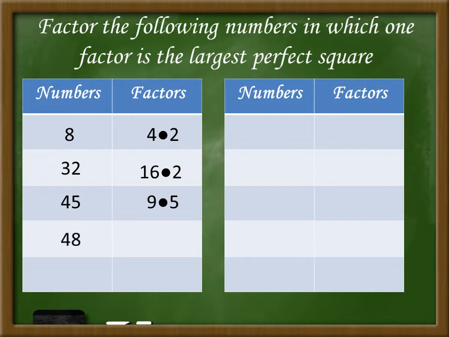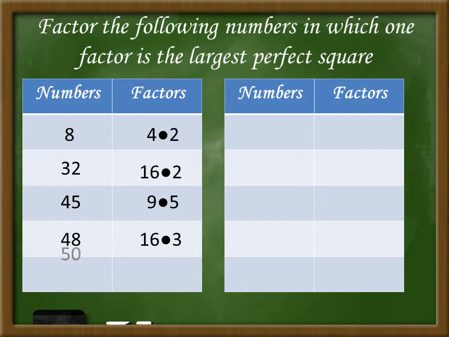Next, 48. So what are the factors of 48 with largest perfect square factor? Okay, so the answer is 16 times 3. Your 16 is the largest perfect square.